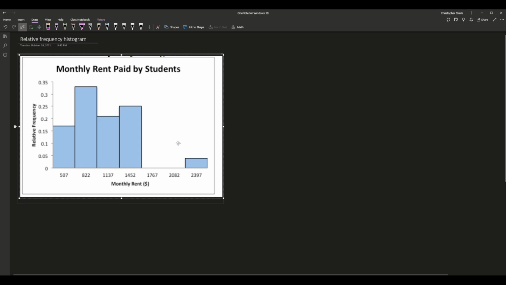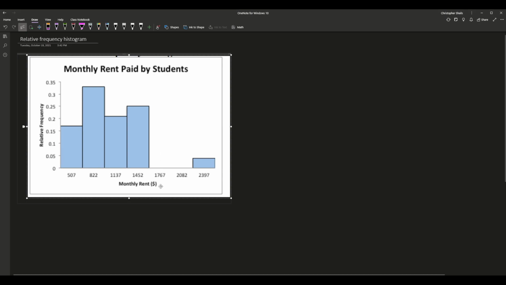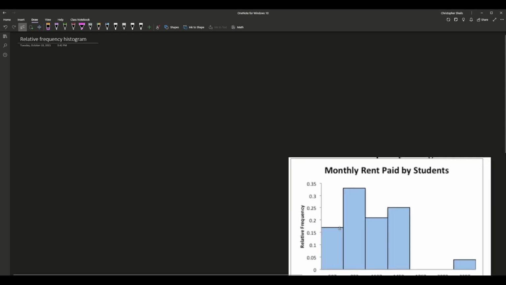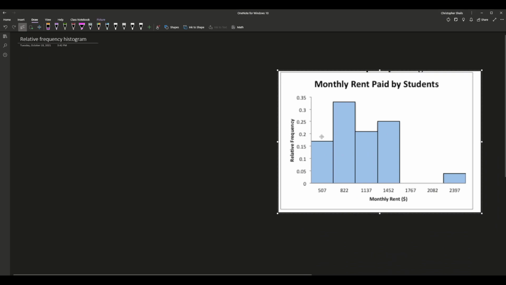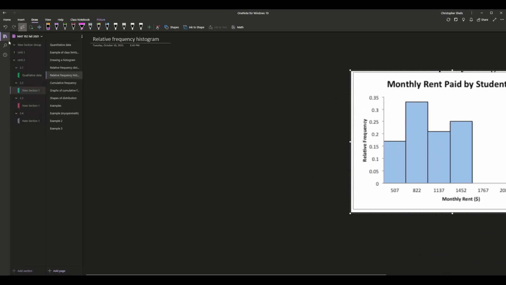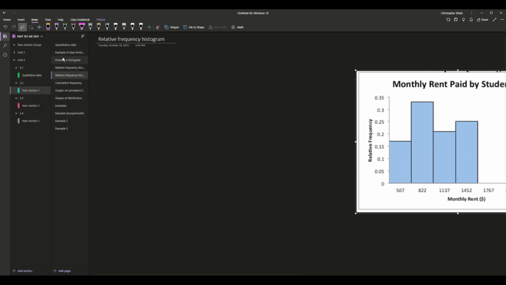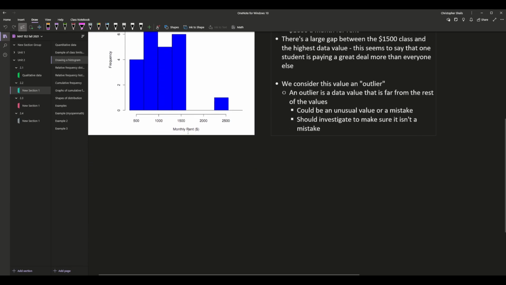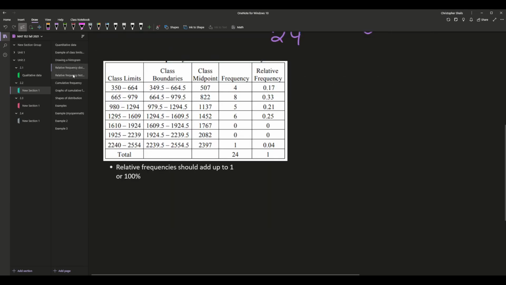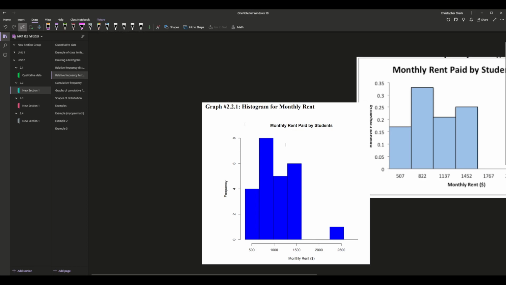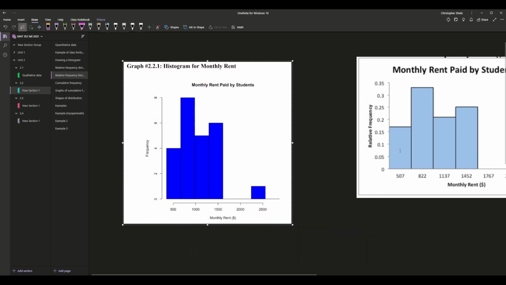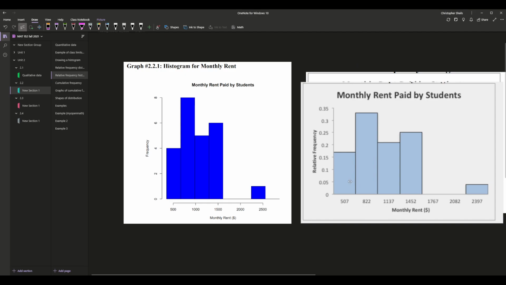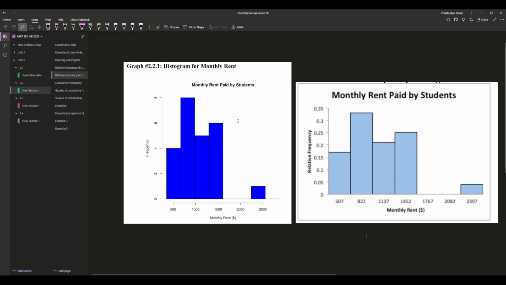Notice here on my y-axis, I have relative frequencies. Let me grab the histogram from yesterday's class. Notice that these two actually have exactly the same shape.